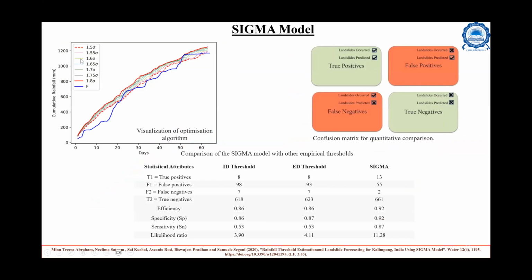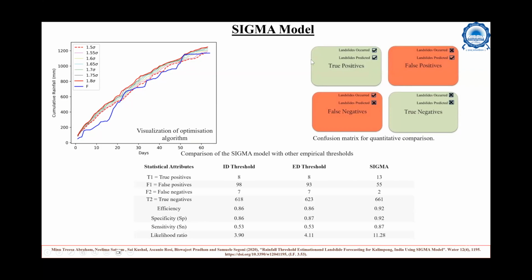You can see here this 1.5 sigma line was the best suited line based on the analysis, whereas this blue line is a false alarm. During our analysis, we have to bring this blue line closer to the dotted red line so that you will get fewer false alarms.